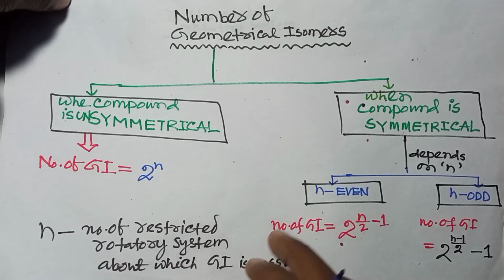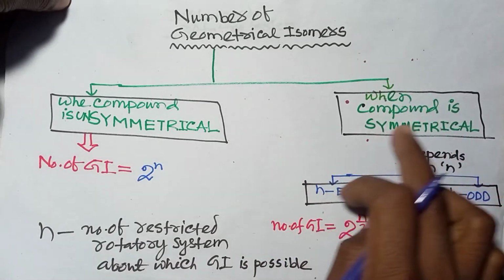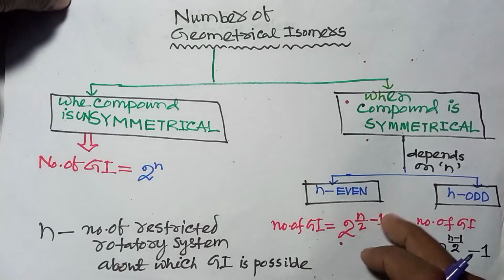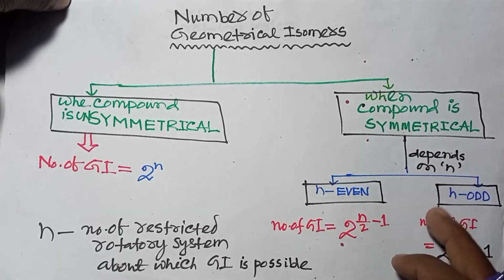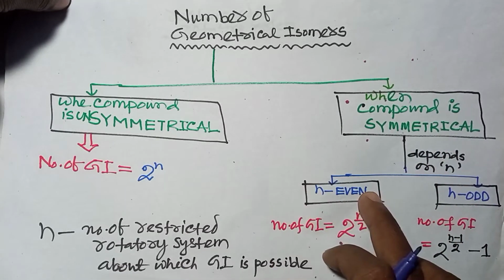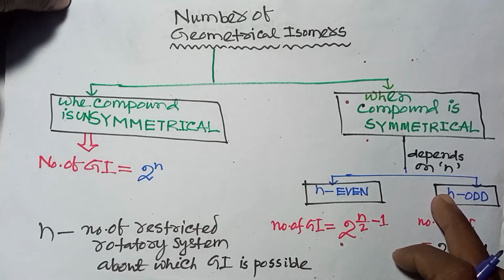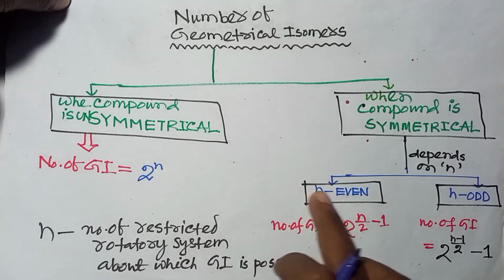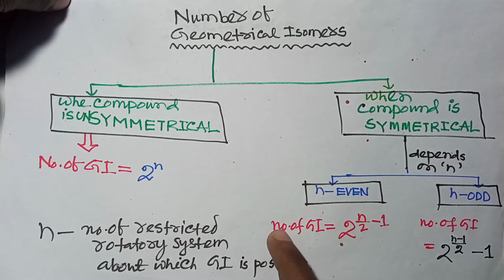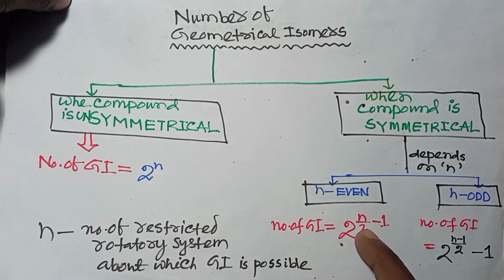When the compound is symmetrical, it depends on the value of n, whether n is even or odd. When n is even, the number of geometrical isomers equals 2 power n minus 2 by 2 minus 1.